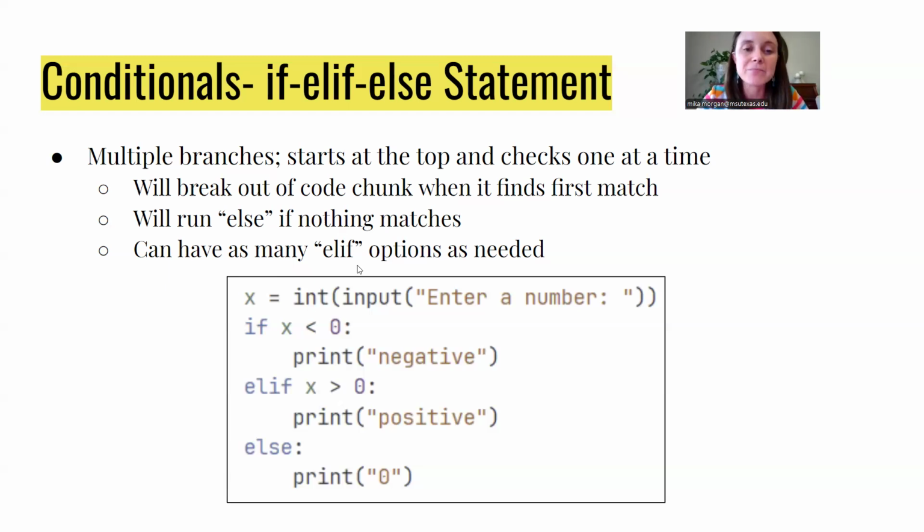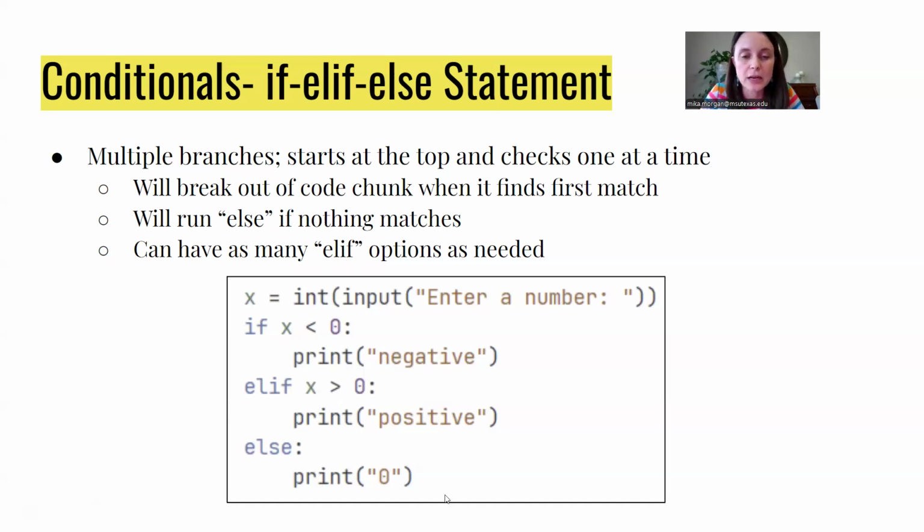And you can have as many elif options as you need. If you have ever programmed before, you are probably used to this command being else if. Python just shortened that and combined the words into one, a little shorthand. So elif is saying else if.